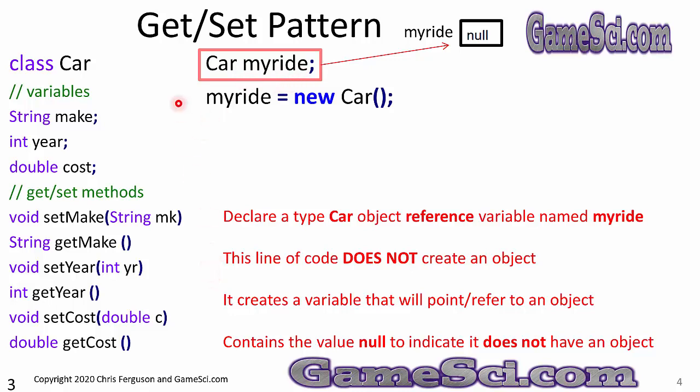It's important to understand that this line of code does not create an object. It creates a reference variable, a variable that will point to or refer to an object, but the object itself has not been created by this line of code. It will contain the value null to indicate it does not yet have an object. Null is the value that's stored in a reference to say I do not have an object yet.